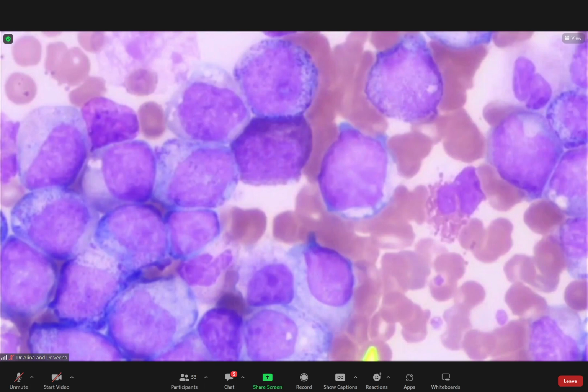So CML is one of the spot diagnoses that you must commit. Okay? You must be brave to commit. What did they say? CP je. CP, CML, and CP. No, but what if they say PC, boss? Blast crisis.